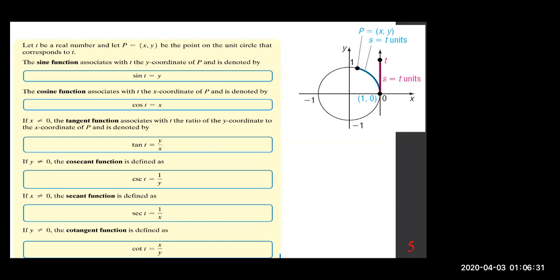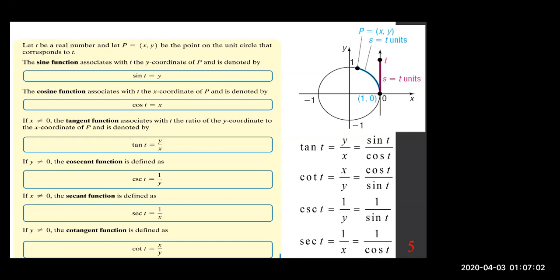So you can figure the rest of them out as long as you know those two. For example, everybody remembers tangent is sine over cosine, or if you're dealing with a right triangle, the opposite over the adjacent, and it becomes y over x. So as long as you have those three, the rest of them are the reciprocals. Now we will go over the reciprocal identities, but that should be really helpful.